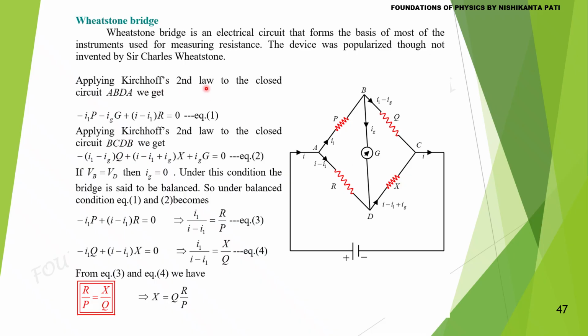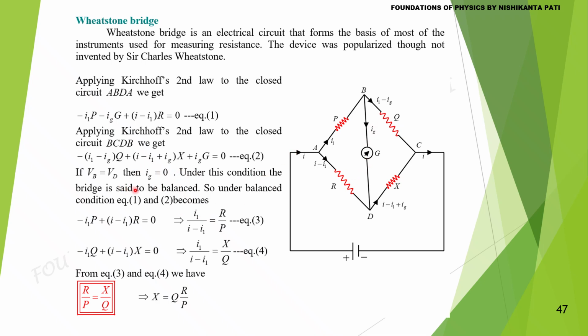Applying KVL to ABDA, we get this equation. Similarly, applying KVL to BCDB, we get this equation. If the potential of B and the potential of D are the same, then the current through the galvanometer is 0.